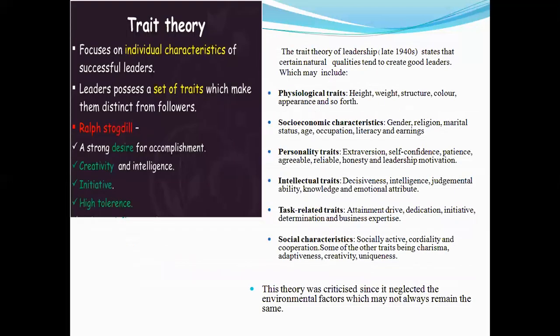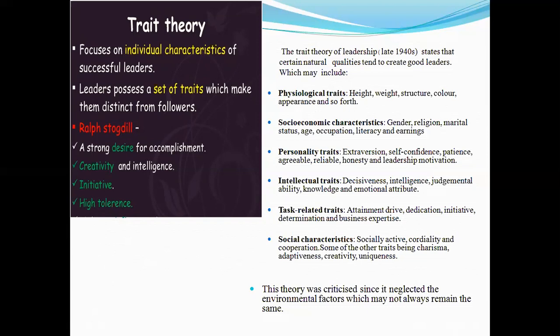Next, trait theory was proposed by Ralph Stogdill in the 1940s. Here he states that certain natural qualities tend to create a good leader. He focuses on individual characteristics of successful leaders, and the leader possesses a set of traits which make them distinct from the followers.